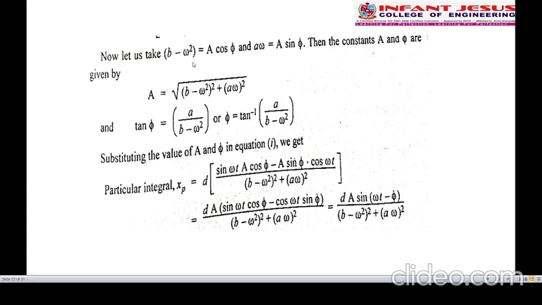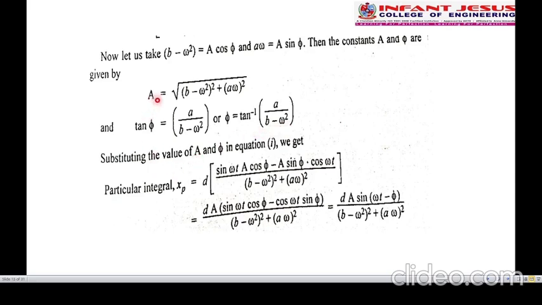you substitute b minus omega square as A cos phi, and a omega as A sin phi. So the constants A and phi are given as A equal to root of b minus omega square whole square plus a omega whole square, and tan phi, so phi is equal to tan inverse of a omega by b minus omega square.